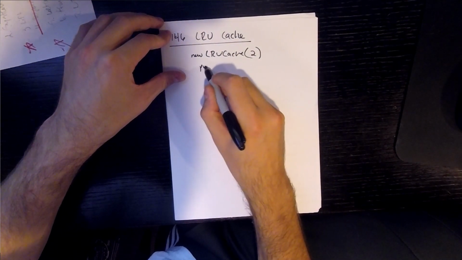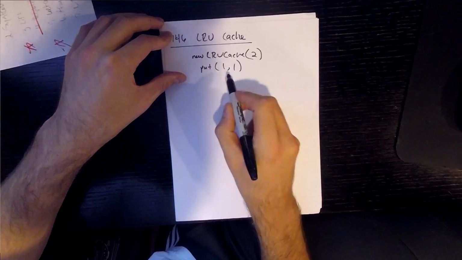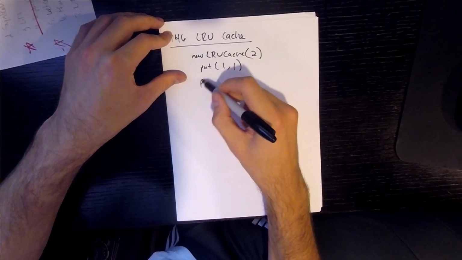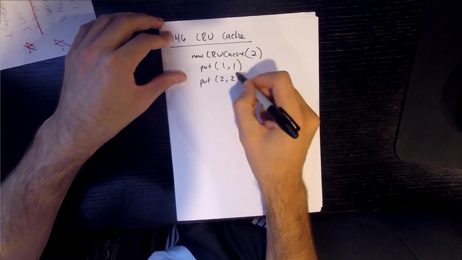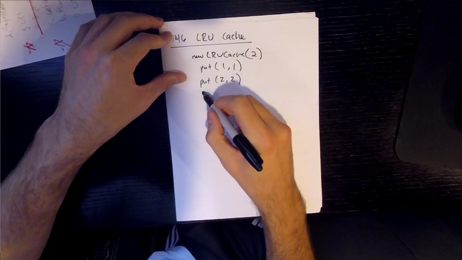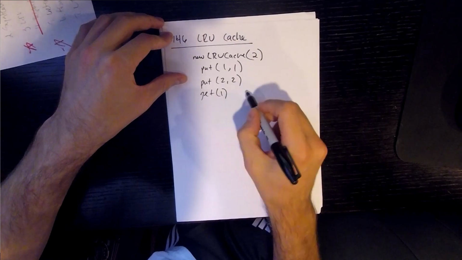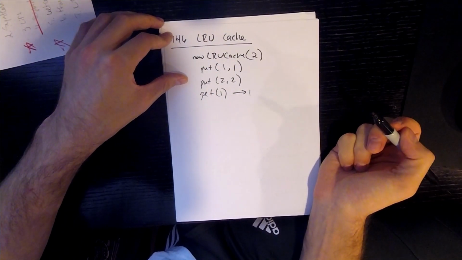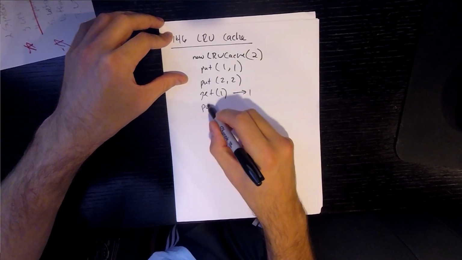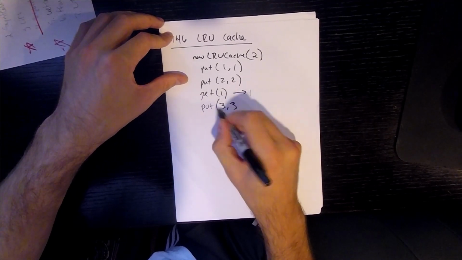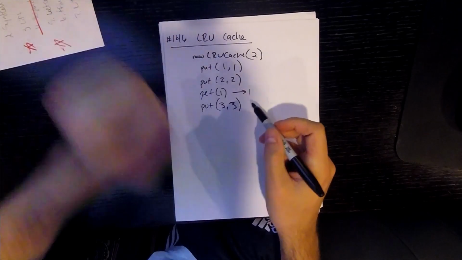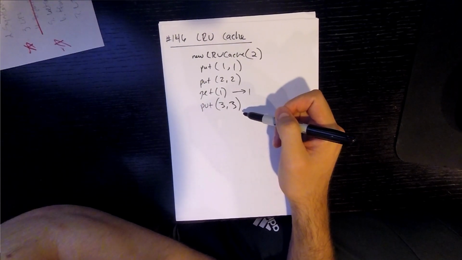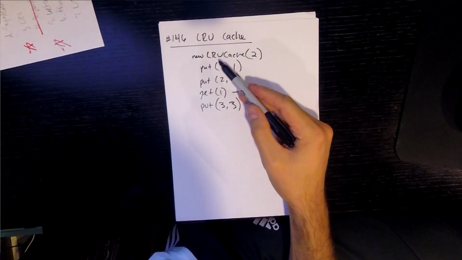Say you put in 1, 1, key 1 value 1. You're fine. Then let's put in 2, 2. And then let's do a get at 1. That will return 1. But now when we put in 3, what implicitly happens is that now that we have 3 items, one of them has to go, and it is the least recently used one.